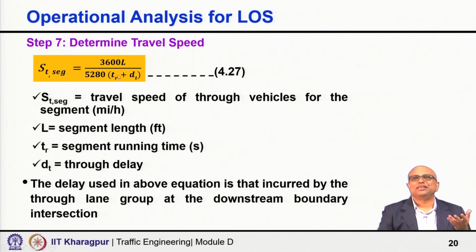So, basically length divided by time. The delay used in the above equation is that incurred by the through lane group at the downstream boundary intersection. Here we are talking about the lane group. I am not going to discuss this very specifically, but please be careful, you are talking about the through lane group. You will know what lane group and movement group mean when we discuss the modules.